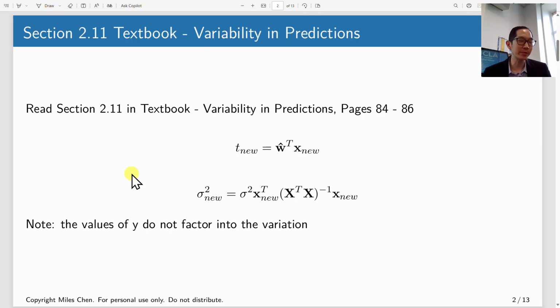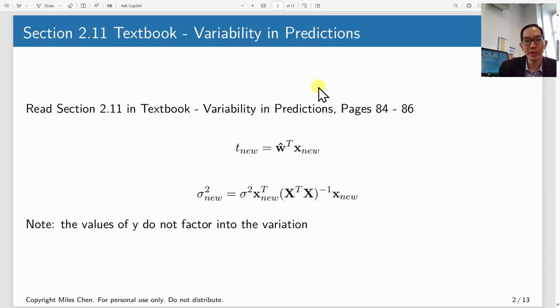That's reflected in our Fisher information, and extending beyond that, we can talk about, okay, once we have our parameters and we try to make predictions, how much variability will we have in our predictions, okay?